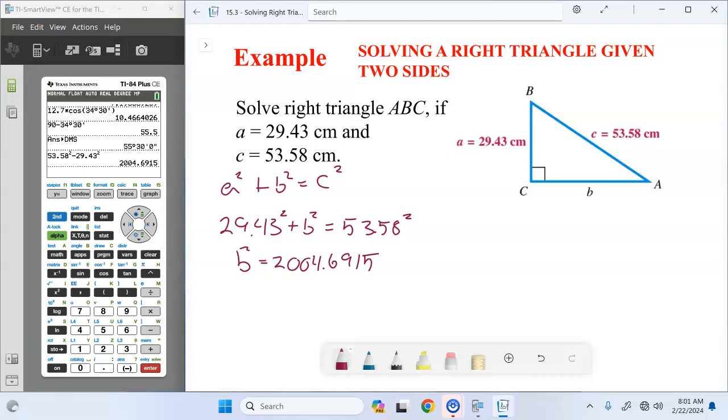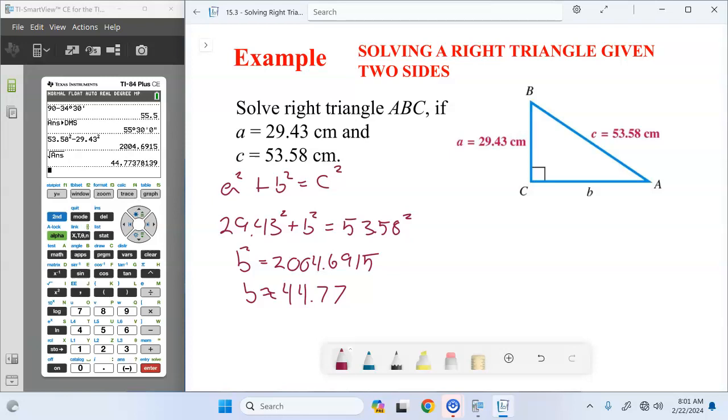We're going to want to round to 2 decimal places at the end to be consistent with our significant digits, but we don't want to round it too early. And we can go ahead and take the square root of our answer, and then we'll round to our significant digits. So 44.77 for the approximate measure of side B.